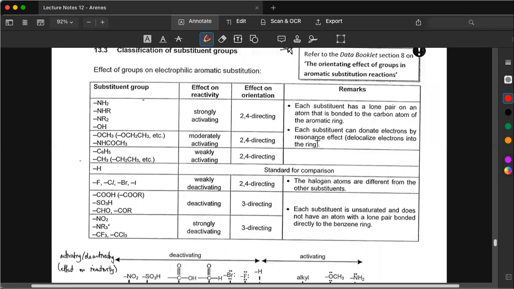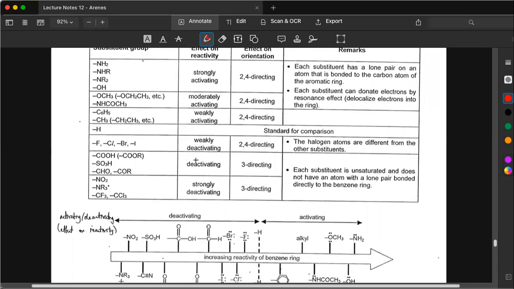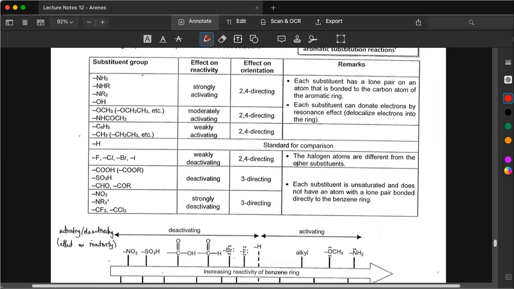Then, from weakly deactivating all the way to strongly activating, you don't have to memorize them all, just know they are 2,4 directing, except for these three. These groups are 3 directing. So the halogen atoms are different from the other substituents. The inductive effect is stronger here.